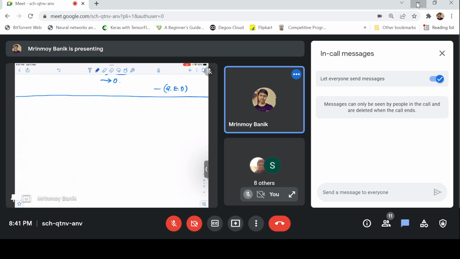The first one is 2n by (2n plus 1), and the last term is 2 by 3, right? Okay. So this is the formula for I_(2n plus 1).